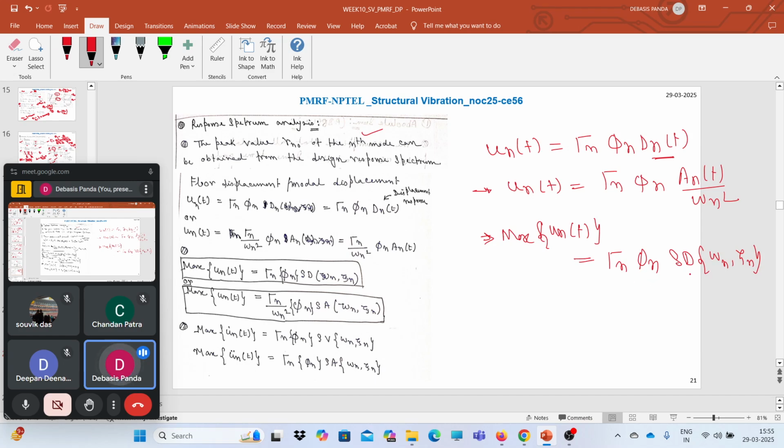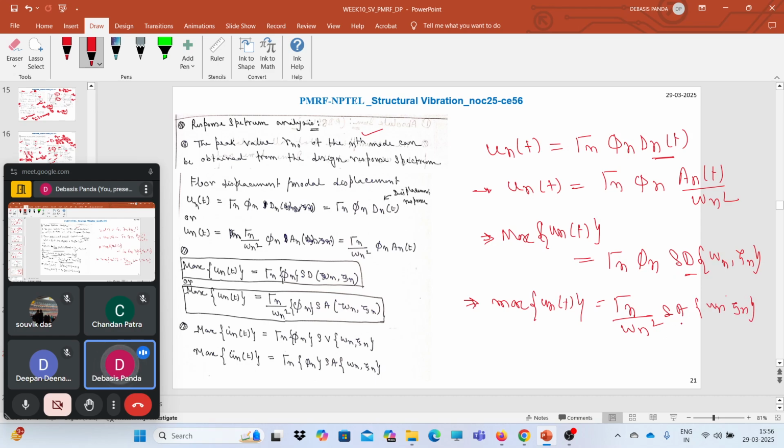And instead of displacement, if we want to use the acceleration curve, we also can do it. Like the maximum of u_n of t will be nothing but the participation factor divided by omega n square, because spectral acceleration is equal to omega n square into S_d. So S_a of omega n and zeta n.